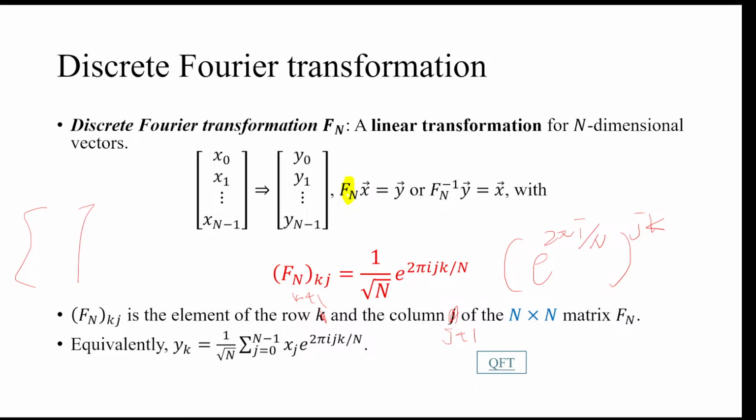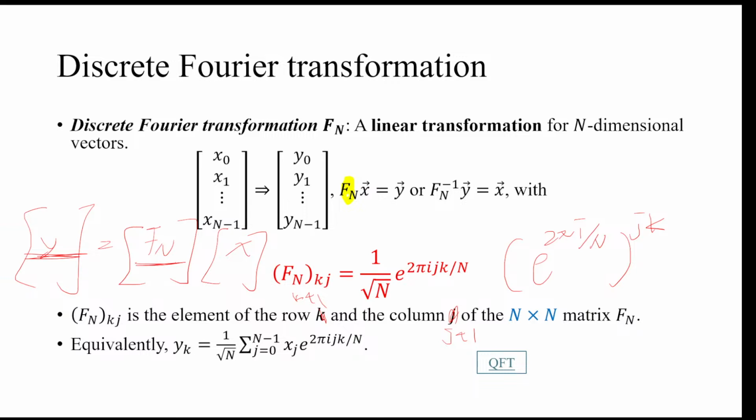So this y vector equals this Fn matrix times this x vector, and the k-th element is just the k-th row in the product with your x.